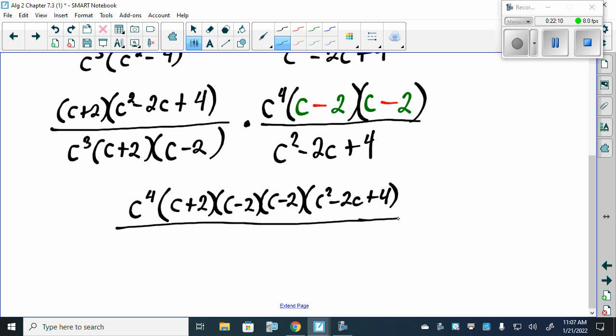And really how we organize the rest of them doesn't matter. We just need to have them listed. In the denominator, we'll have c cubed times c plus 2 times c minus 2 times c squared minus 2c plus 4.